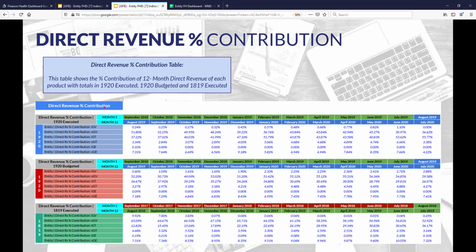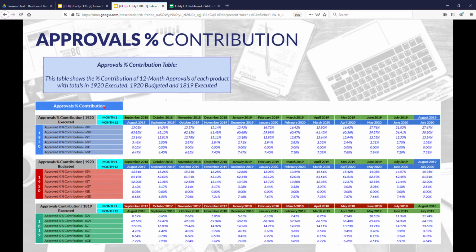You have tables here to know how much is allocated, how much a product is contributing for direct revenue, direct costs, and approvals. If you total this for the entire month, they should total 100%.